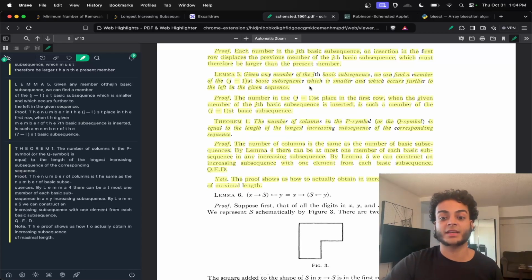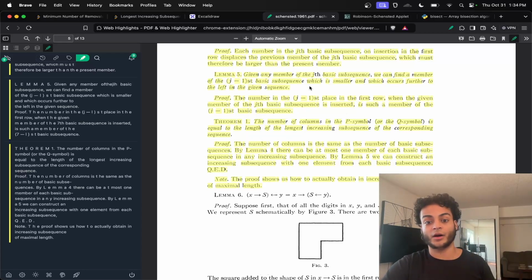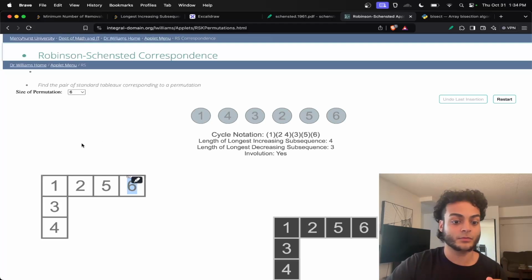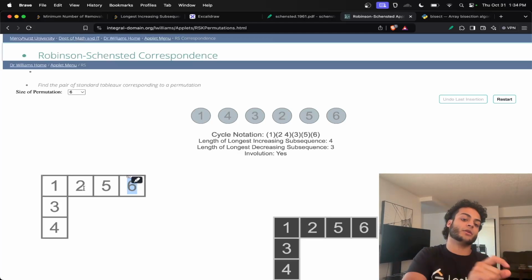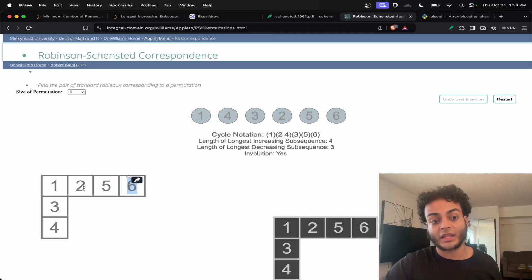So basically he's saying for any column here, we can find in the previous column a number which is both smaller and earlier in terms of the numbers that we're inserting. And this sort of has to be true just by the definition of the Young tableau, right?